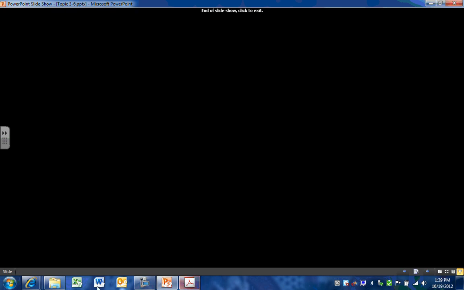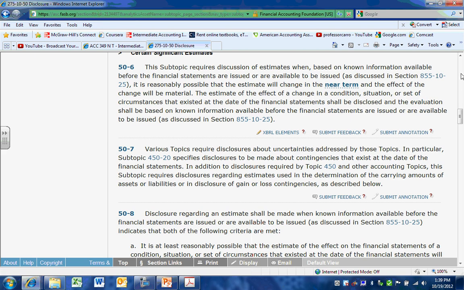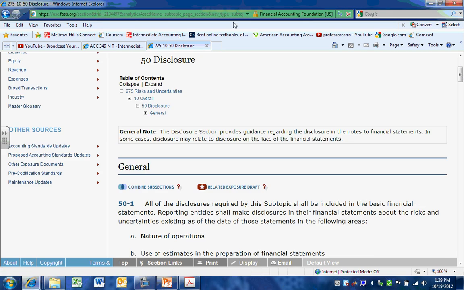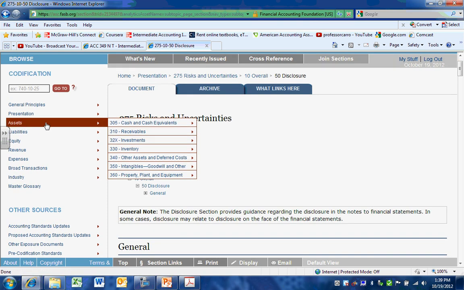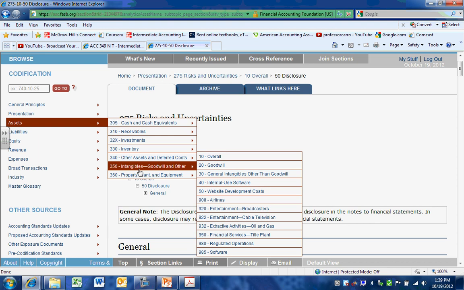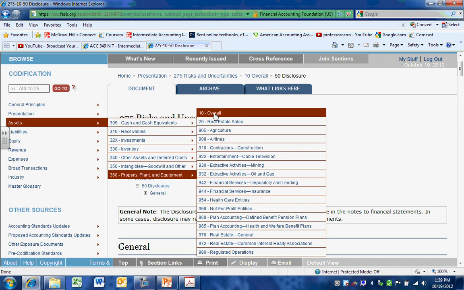In addition to the disclosures for significant accounting policies, in each area of the code, there are very specific disclosure requirements. Let's take a look at the disclosure requirements for property, plant, and equipment.